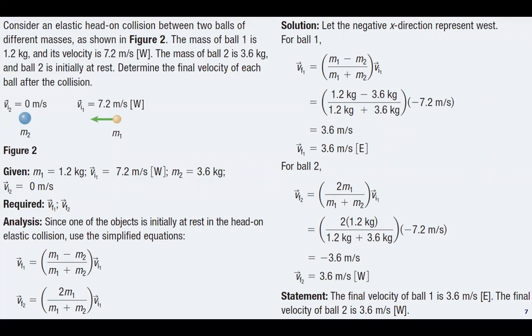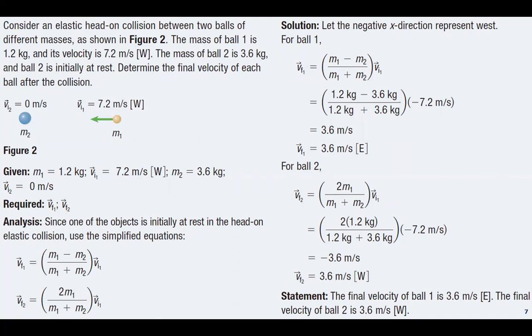So in this sample question, we have the masses of the two objects and the initial velocity of these two objects. VI1 is 7.2 meters per second due west, and VI2 is 0 meters per second, right? And we want to find the final velocity of objects 1 and 2.